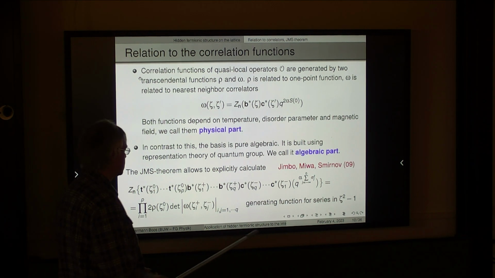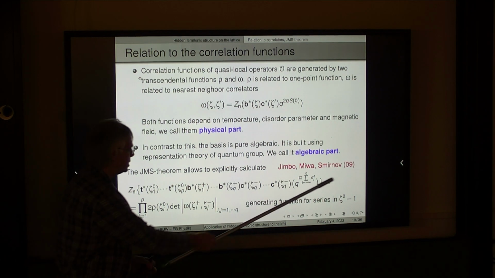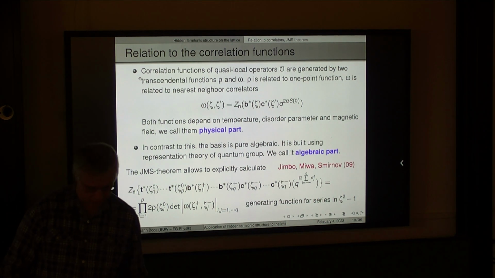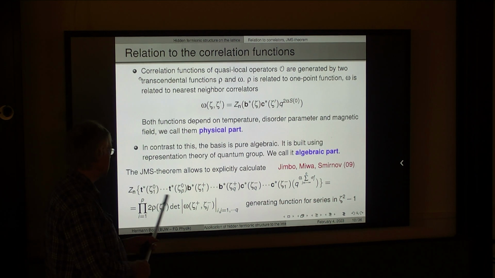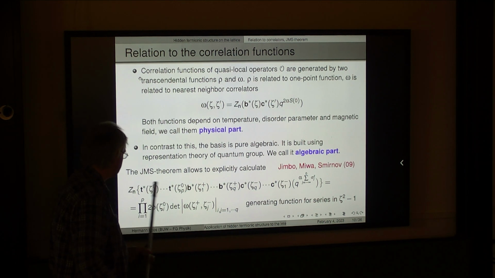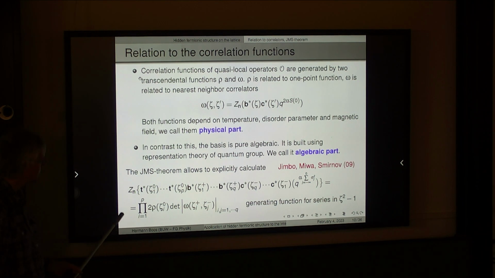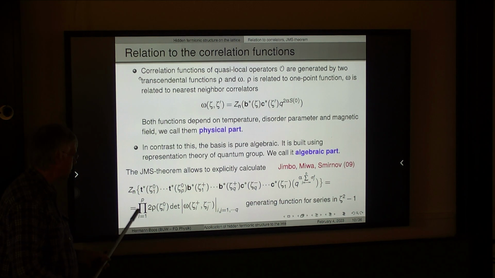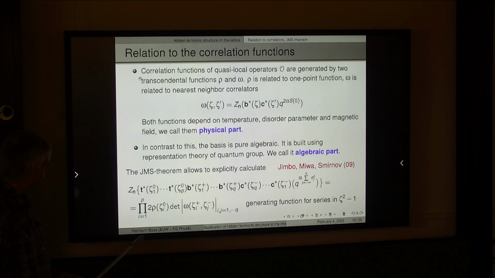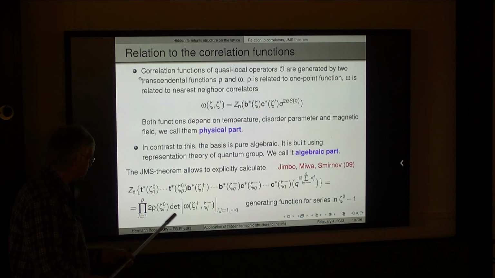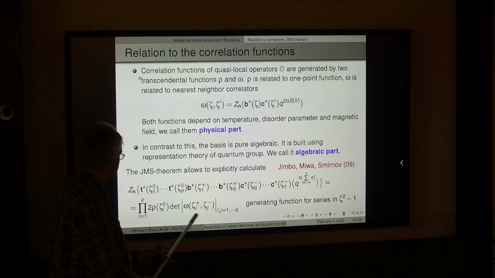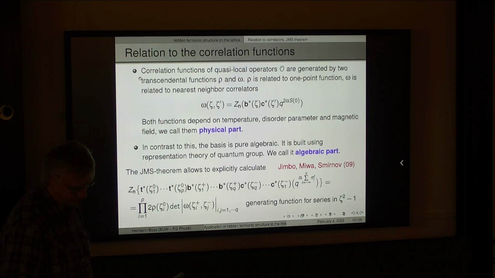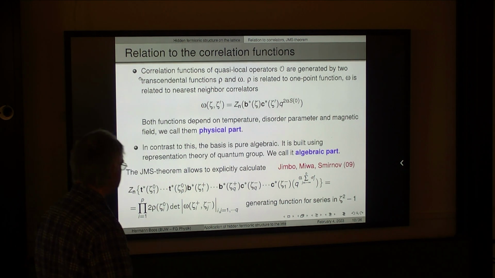So Zimmermill and Fedya around 2009 proved a rather important theorem that if we plug such product into the functional Zn, then the result will be quite simple, namely proportional to the determinant of Slater form of matrix with elements from this omega function actually.